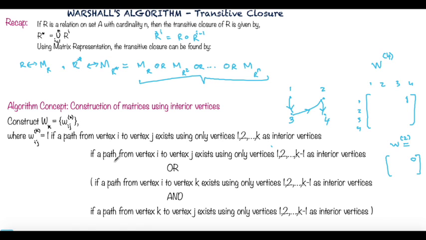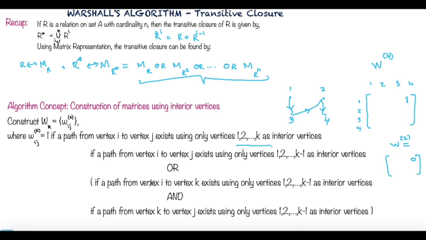This means that there are two conditions. It's possible that a path from vertex i to vertex j exists using only vertices 1 to k minus 1 as interior vertices. So one case is that the path already existed using fewer vertices, so automatically it will exist when we introduce more vertices. But there is another option, that this was not the case.